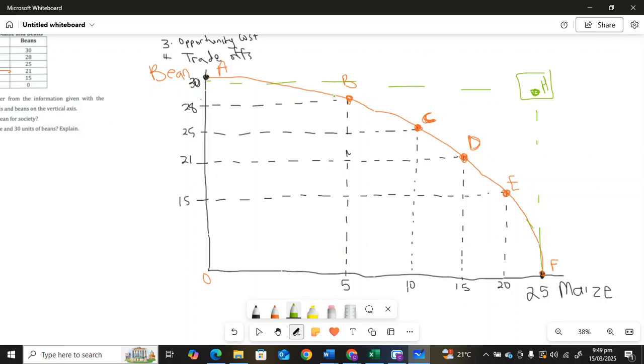Any points, point A, B, C, D, E, F, we are being efficient. What if we had a point here, point I? What will it represent? Thank you very much, sir. Yes, correct.